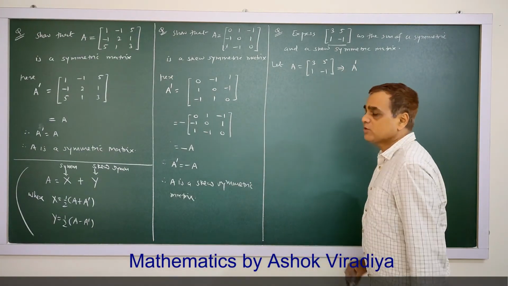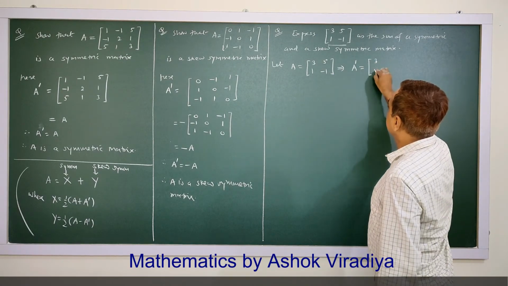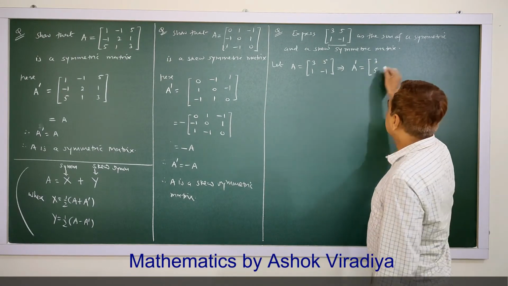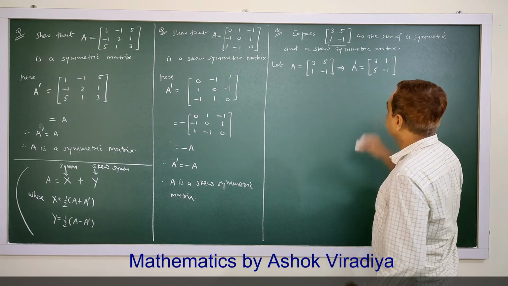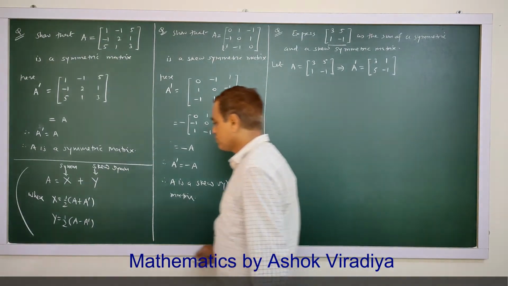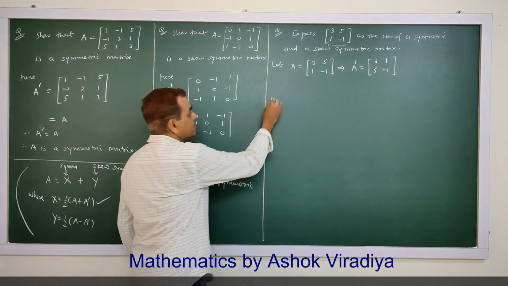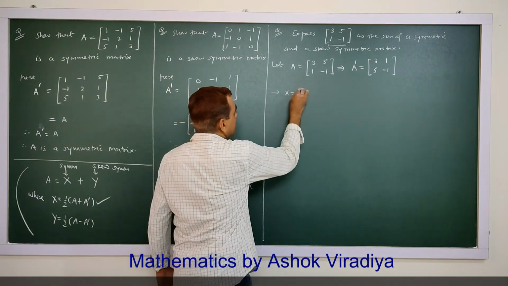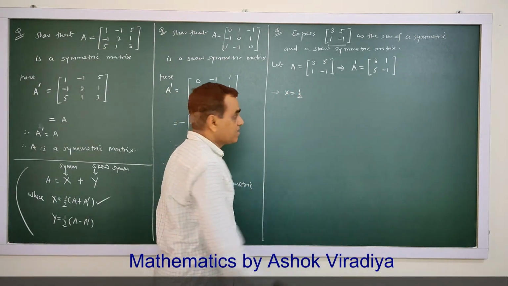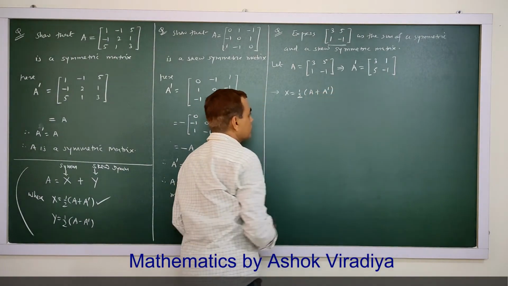A transpose is equal to, first row is first column, second row is second column. Now we calculate X. X is 1 by 2 times A plus A transpose.